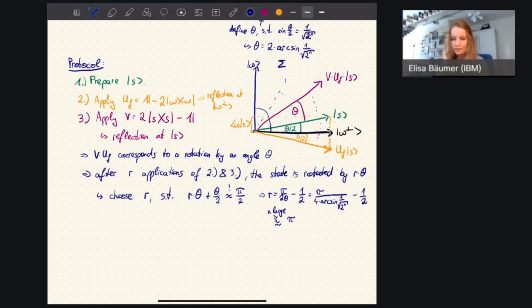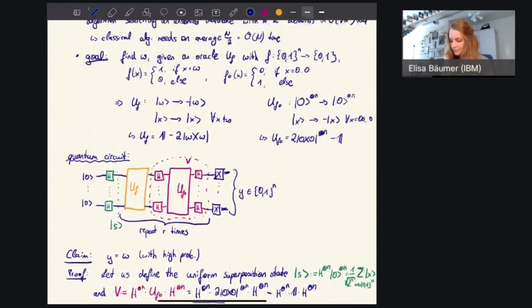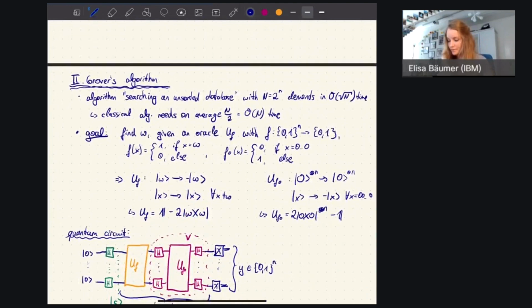But so for large n, this scales as pi over 4 times square root of 2 to the power n, which means it goes as square root of capital N, which equals 2 to the power n. So this is where we get the advantage, because I told you in the beginning, Grover's algorithm needs only O of square root of n time, while a classical algorithm would need O of n time.